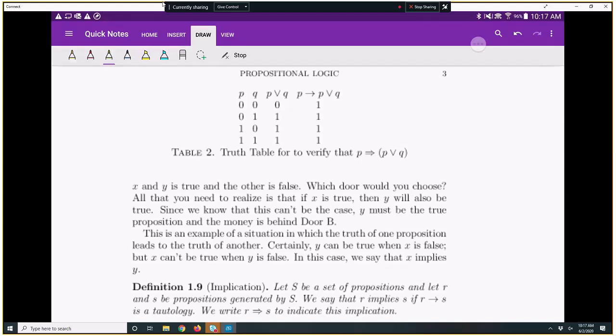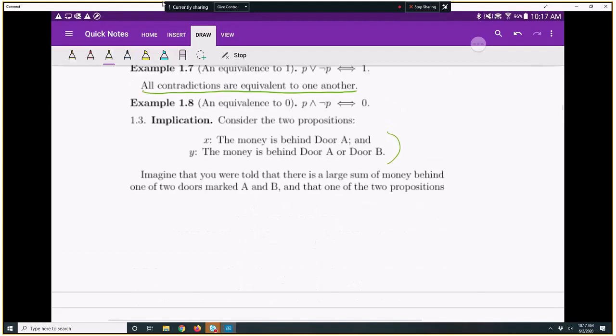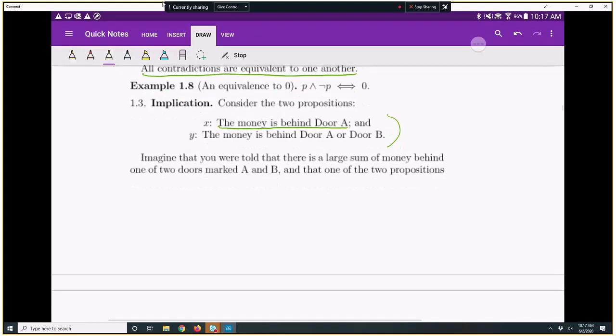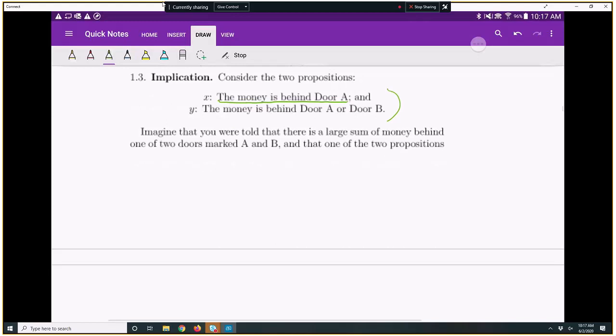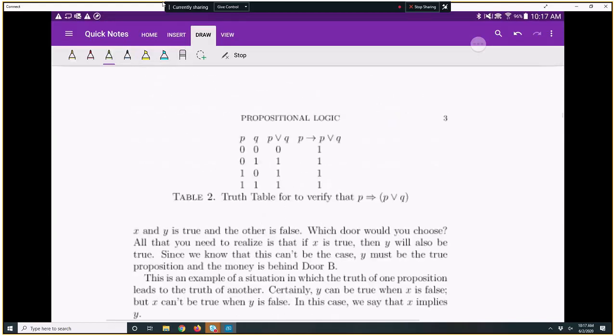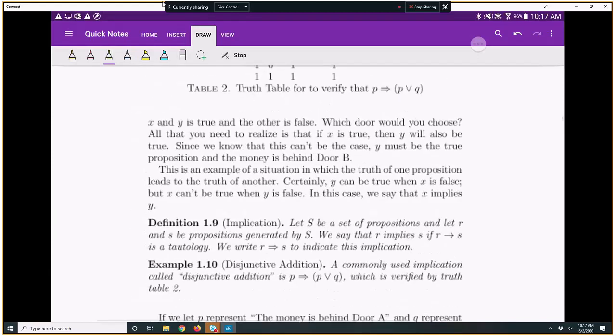So all that we need to realize is that if X is true, if the money is behind door A, then Y is true, because Y simply says the money is behind door A or door B. That means that we must have that X is false, then Y can still be true, and we can conclude that the money must be behind door B. So this is an example of a situation in which the truth of one proposition leads to the truth of another.